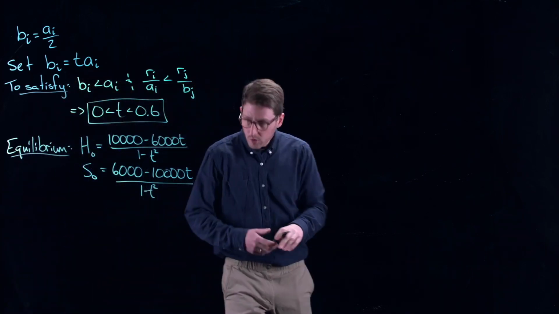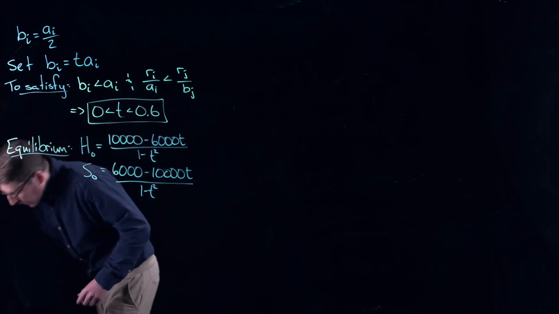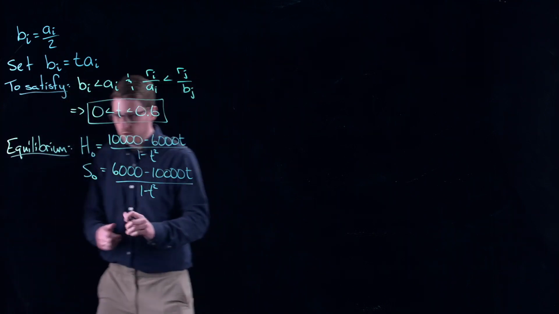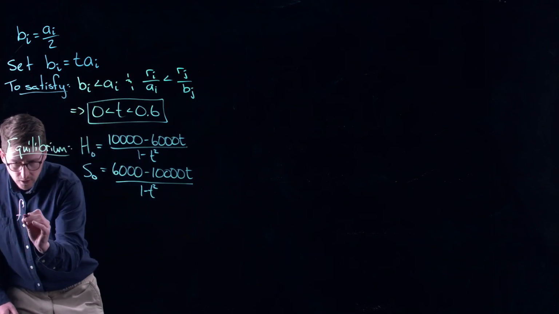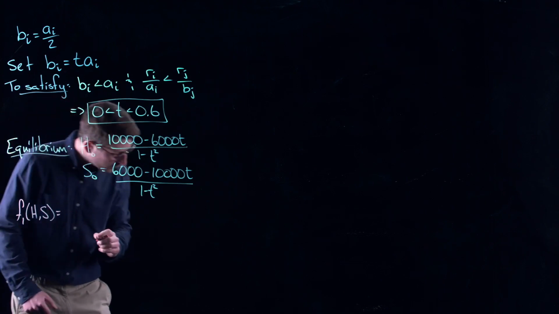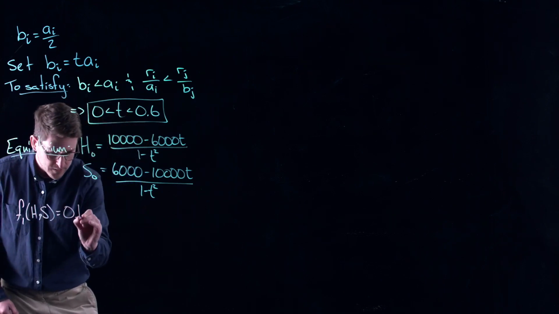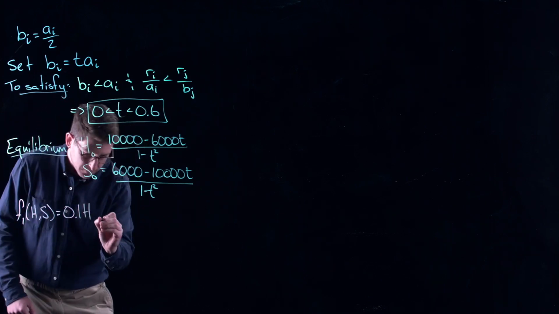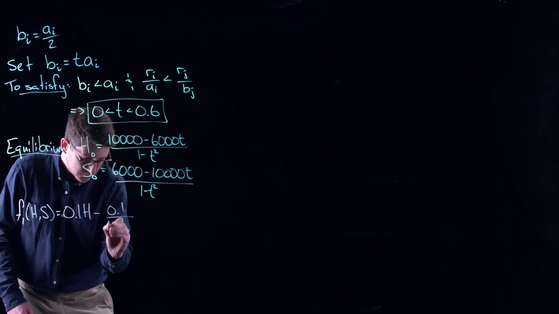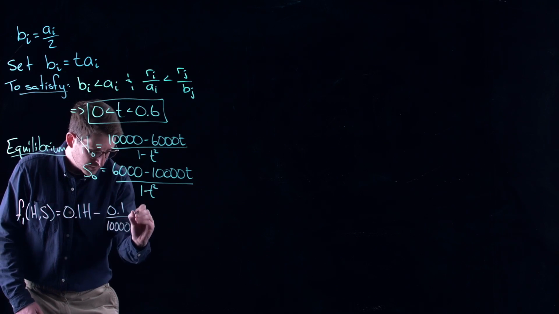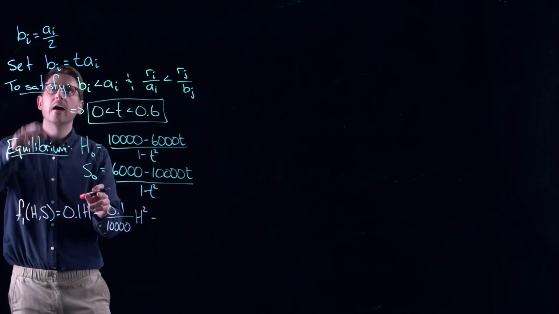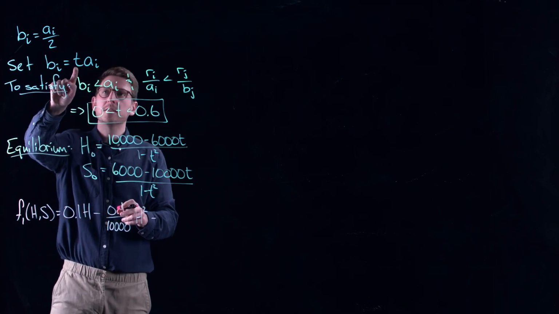Okay, so similarly, we've got a right-hand side that we need to linearize around, right? So again, let me just remind you, I'll call it f1 of h comma s. This is what we're going to need for partial derivatives. So we have that 10% growth rate, and then we've got 10% growth rate divided by carrying capacity, 10,000, h squared. And then now we have a1 times t.